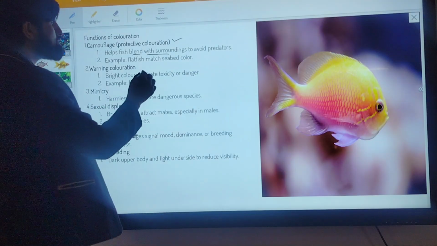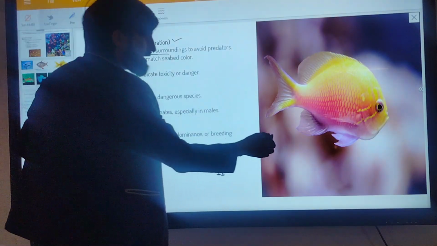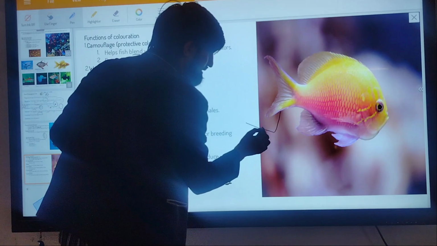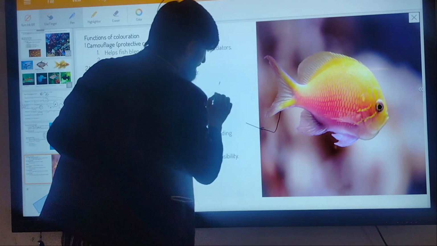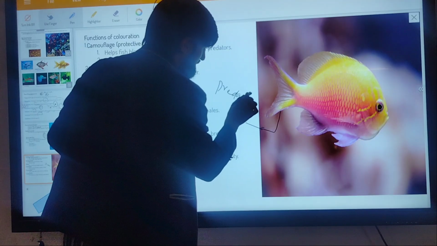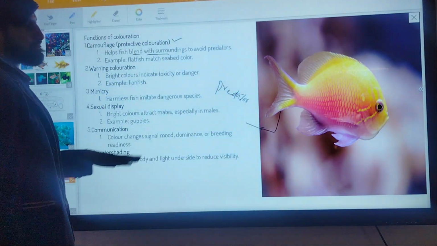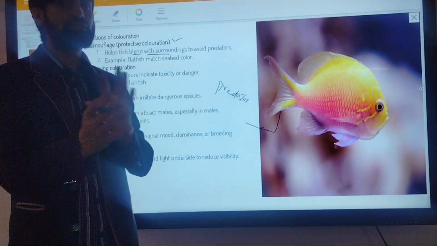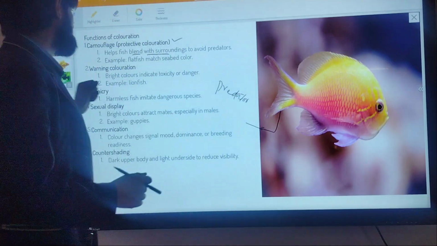Example, flatfish match seabed color. अगर ये seabed का कलर है, ये अपना जो बॉडी का कलर इससे मैच करता है ताकि जो इसका प्रेडेटर है, प्रेडेटर को धोखा मिले और इसको खुद के बॉडी को बचाने के लिए अपना कलर को सराउंडिंग के साथ मिक्स करता है, ठीक है.